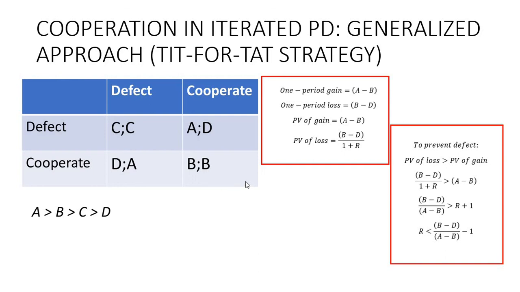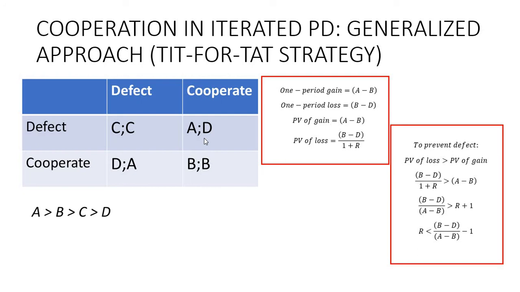So if we assume that both players play the tit for tat strategy, and again for the sake of simplicity, let's assume that the first player decided to defect. So in period 0, we move from this cell to this cell.